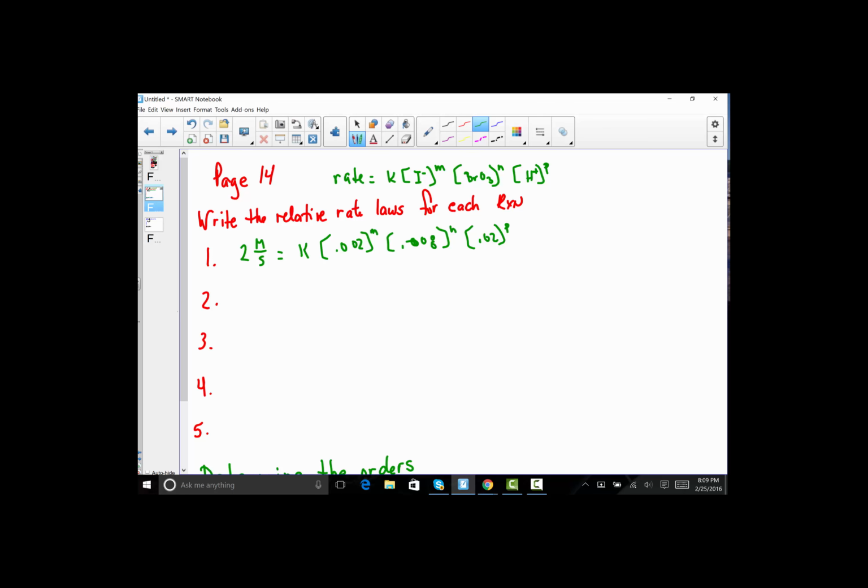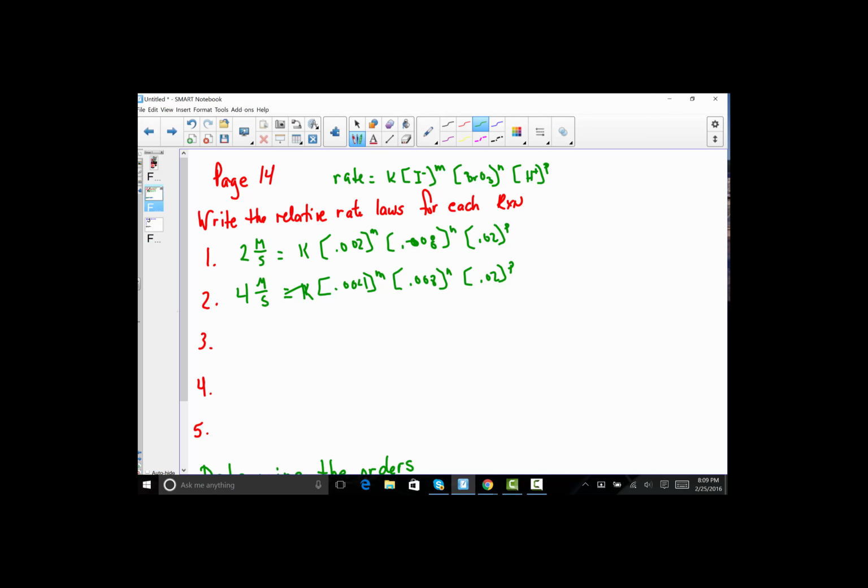We have to copy down the rate that we calculated, which we added on as a separate trial. So we said, for instance, 4 molarity per second is equal to K times the concentration, which was 0.04 this time, raised to the M. The others remain the same, 0.08 times the concentration of the acid, which was 0.2 raised to the power P.